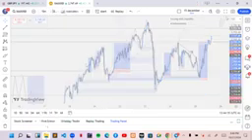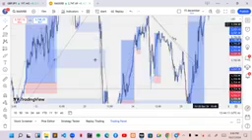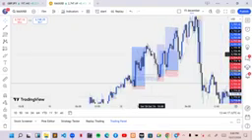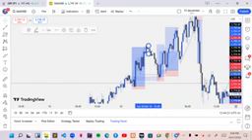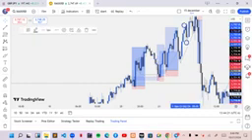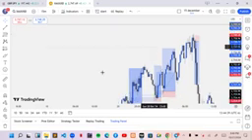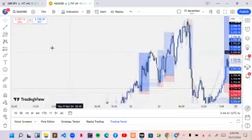The buy setup I had on gold is from here. So the buy setup I had on gold.